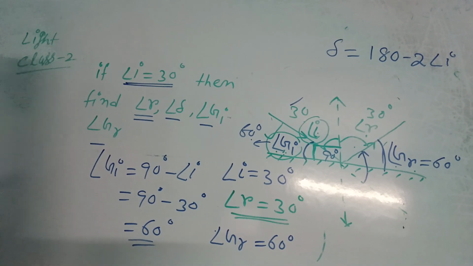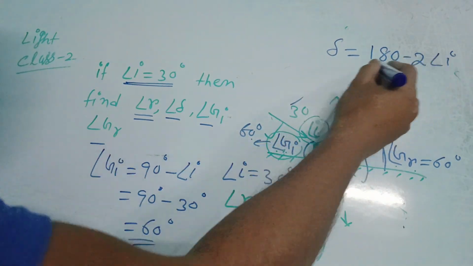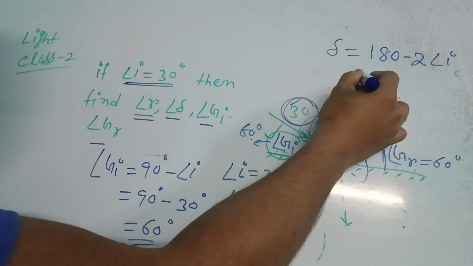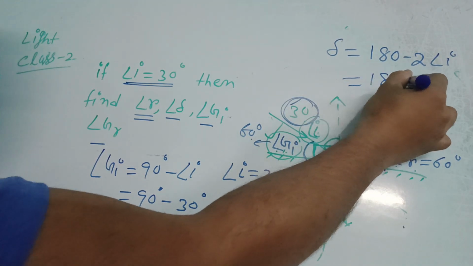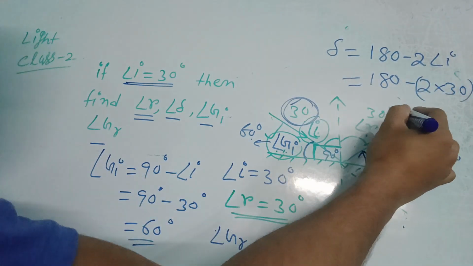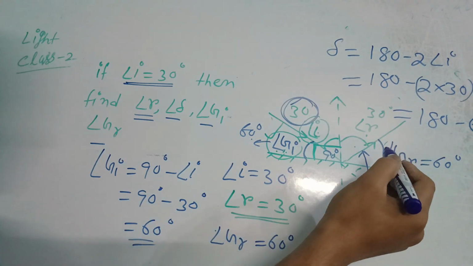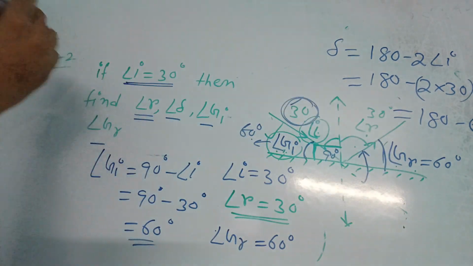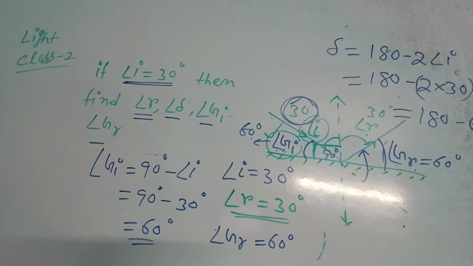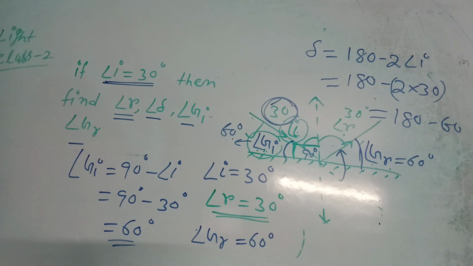So you can write delta equals 180 minus twice I. The value of I is given as 30 degrees, so it would be 180 minus 2 into 30, which is 180 minus 60.